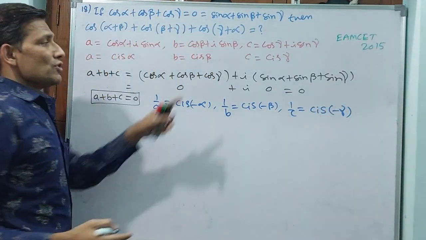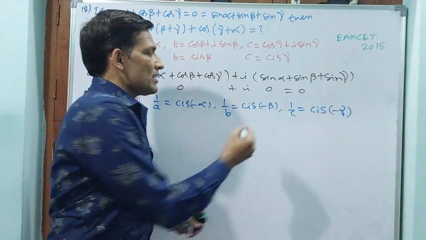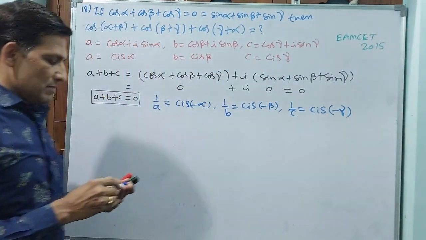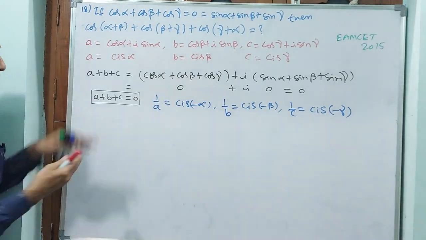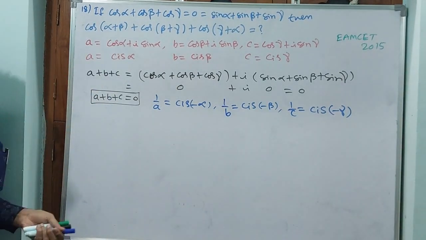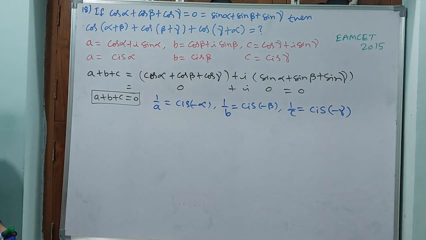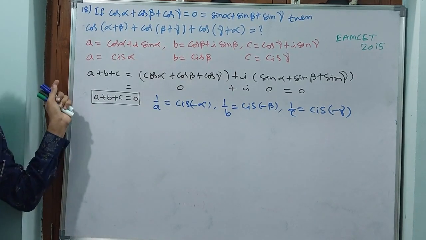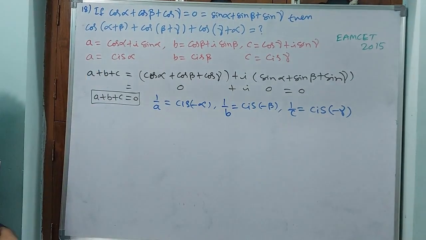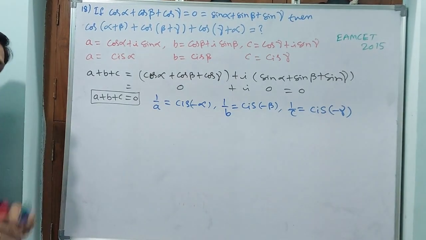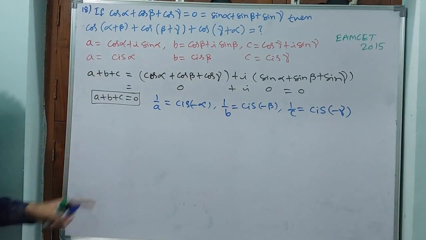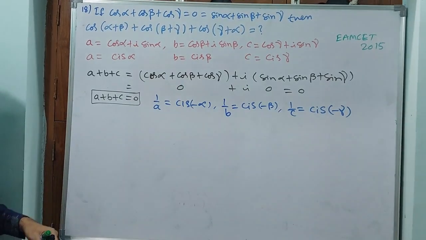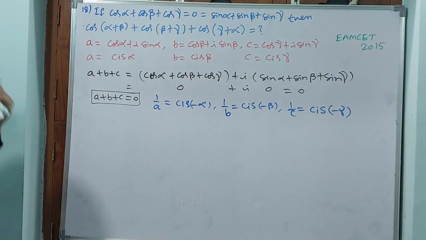Why? Because see, C is CIS gamma, 1 by C is CIS minus gamma angle. Okay, reciprocal means only the imaginary part angle is going to change. You may think, sir, what about the real part? Real part is having cos. Cos minus theta, cos plus theta, both are equal. That is the advantage you are having. That is why you don't worry. You keep like this only.